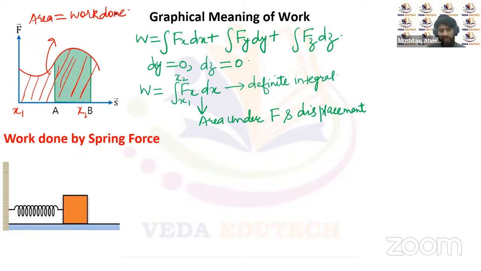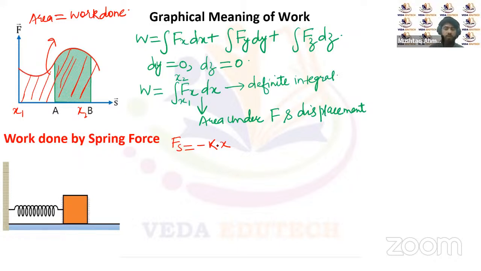Now let's see the work done by the spring force. We have a spring-block system. Whenever a spring is extended by a small displacement with the help of an external force, for a displacement x, the spring force developed in the spring is given by minus kx, where x is the extension in the spring and k is the spring constant or stiffness constant.